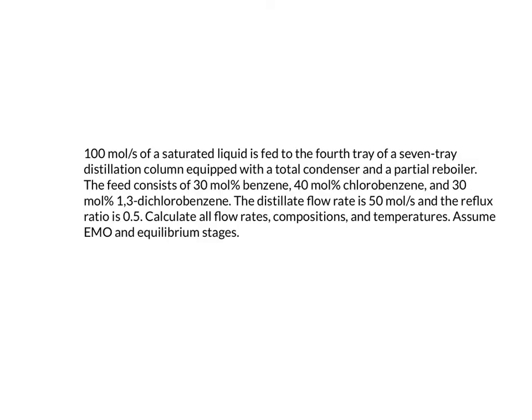Here is our example problem for multiple chemical distillations. 100 moles per second of a saturated liquid is fed to the fourth tray of a 7-tray distillation column equipped with a total condenser and a partial reboiler. The feed consists of 30 mole percent benzene, 40 mole percent chlorobenzene, and 30 mole percent 1,3-dichlorobenzene.